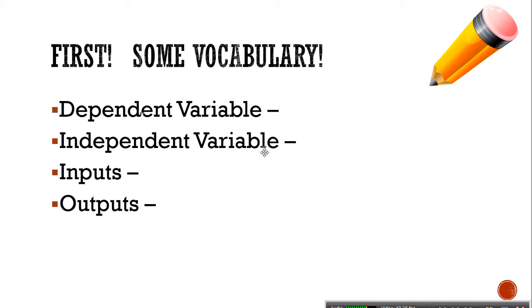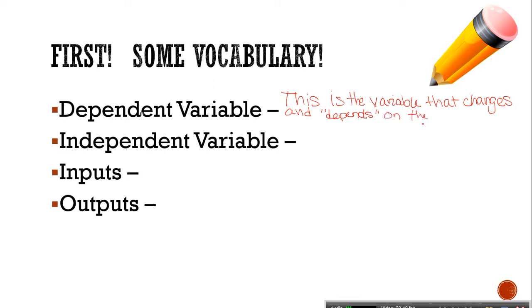Please make sure you write down these vocabulary words. A dependent variable. You probably heard about this in science. This is the variable that changes and depends, hence the name dependent variable, on the independent variable.